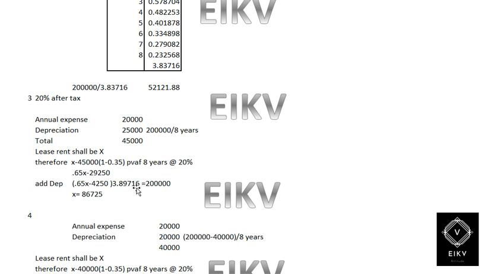So the depreciation would be 25,000. When we add this amount, it would be 0.65X minus 4,250, because we have negative 29,250 plus 25,000, which gives you negative 4,250, into 3.83716, which is the present value factor at 20% for 8 years, and the total amount would equal 2 lakh.